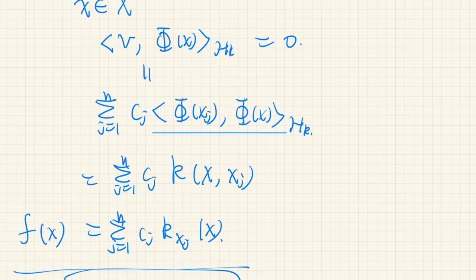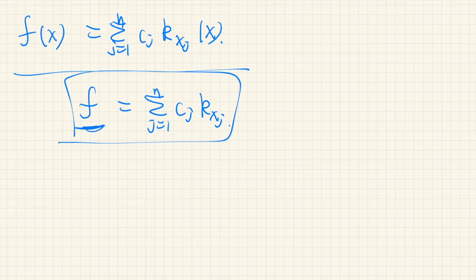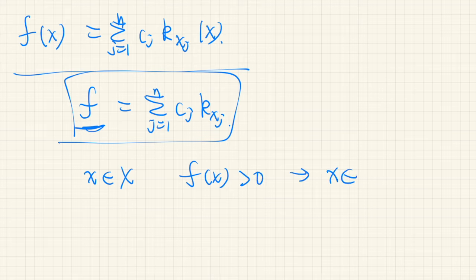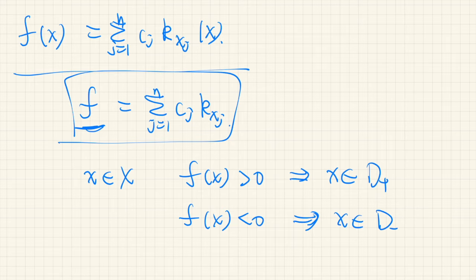So in the actual classification problem, for any x in the space X, if f of x is positive, then we classify x as belonging to D+, and if f of x is negative, then we classify the point x as belonging to D-.